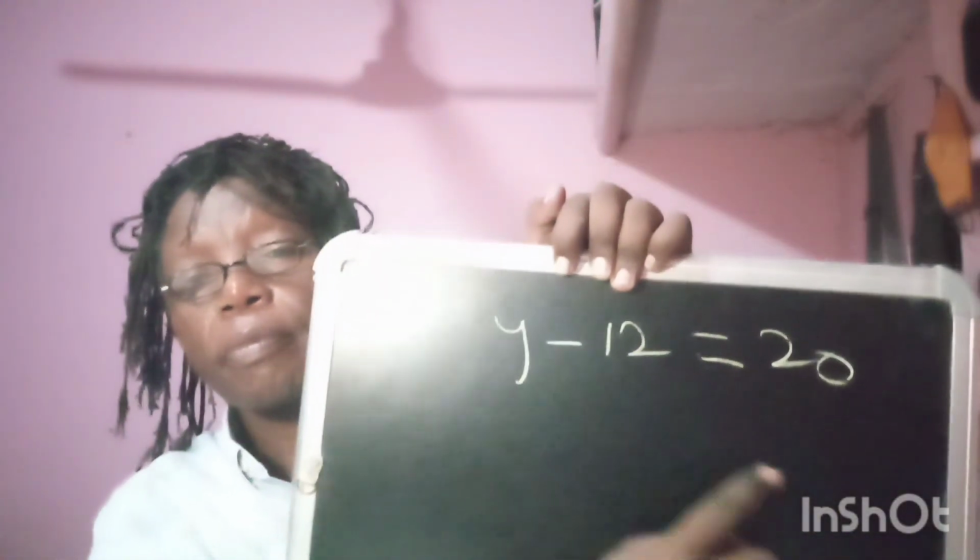Now let's do algebra equations using addition and subtraction. Here's an example that I want to give you. Let me say y minus 12 is equal to 20.